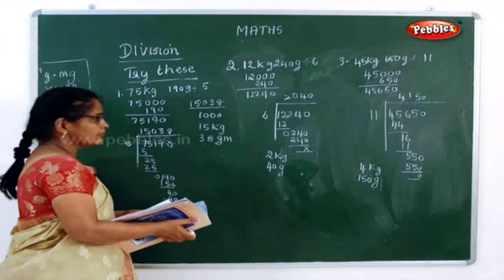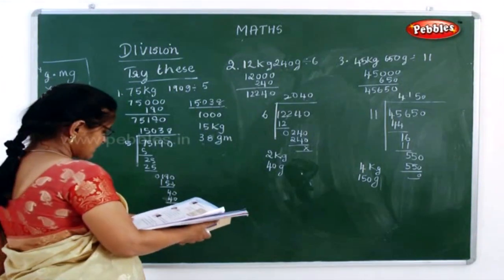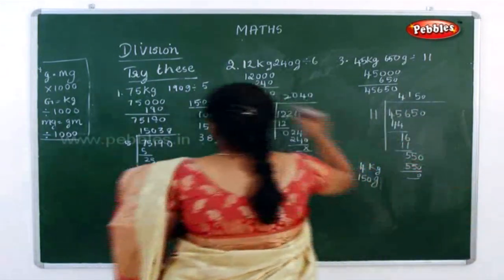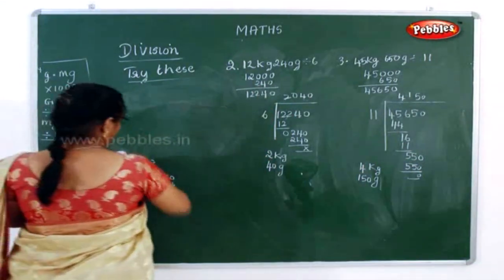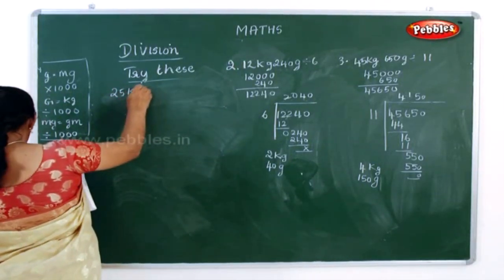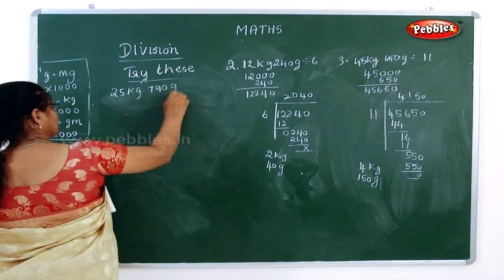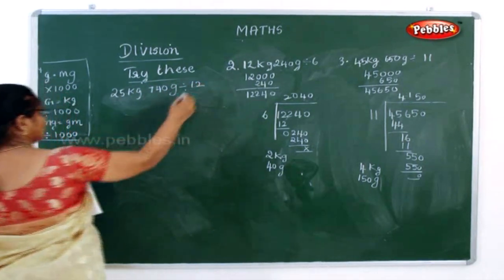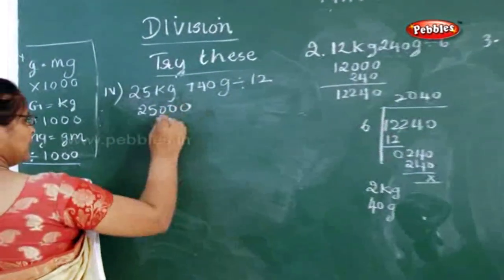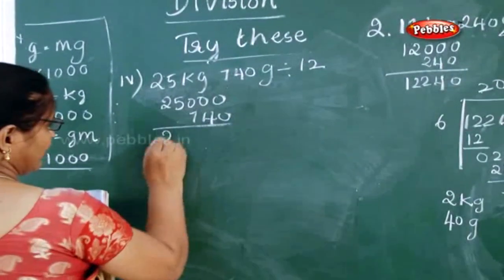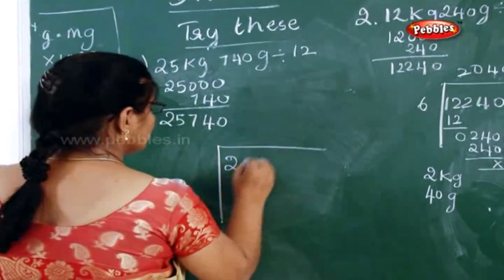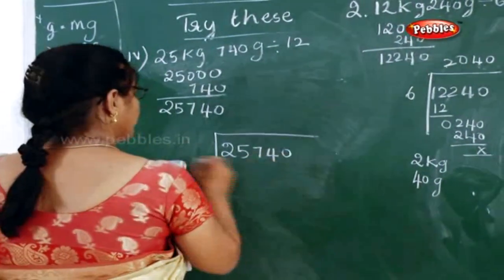Okay, now next sum. Next sum is 25 kg and 740 gram divided by 12. Now same manner. Now what you have to do? 25,000 plus 740. Now how much are you getting? 25740. So this you are dividing by 12.